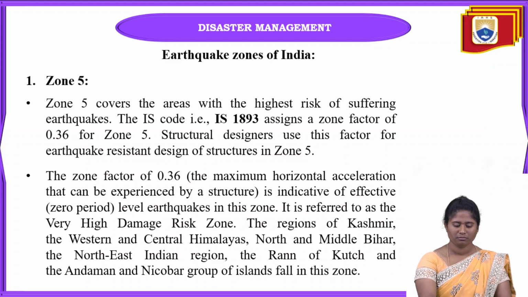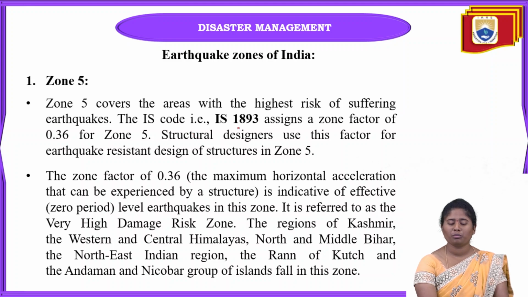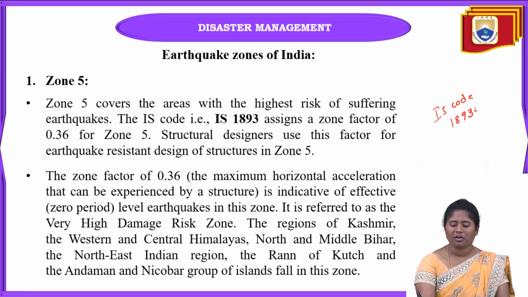Coming to the zones in India, zone 5 is nothing but the highest risk earthquake region. Here, we have the IS code, that is 1893.